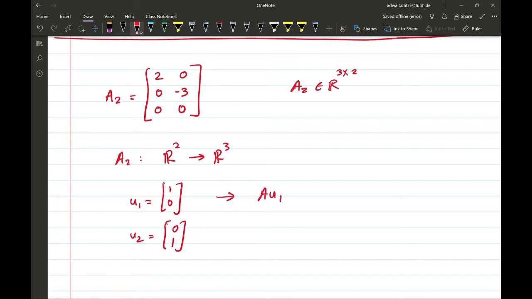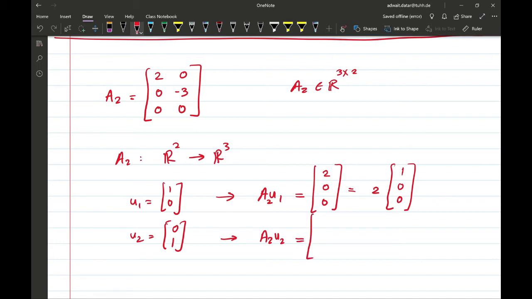So A2 U1, when U1 is 1 0, is nothing but 2 0 0, which can be written as 2 times 1 0 0. U2 gives us 0 minus 3 0, which can be written as 3 times 0 minus 1 0.